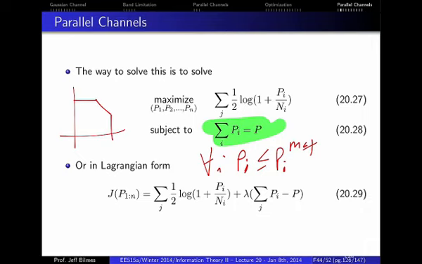It's still inequality constraints. These are linear constraints, they're convex constraints. This problem turns out to be convex in P. P is what we're solving for. So it's a convex problem subject to convex constraints. Adding these additional constraints, which you'd probably expect, like each individual power can't be above P max, is not going to change your problem too much.